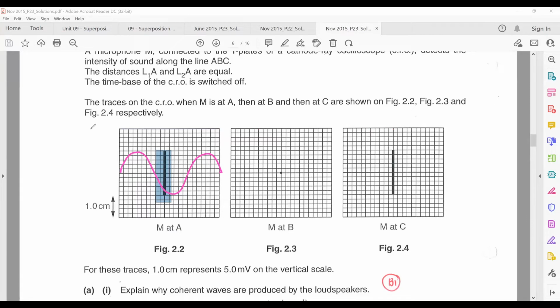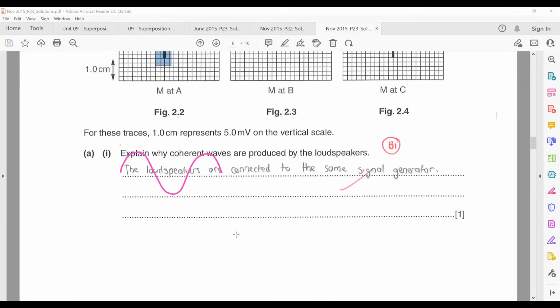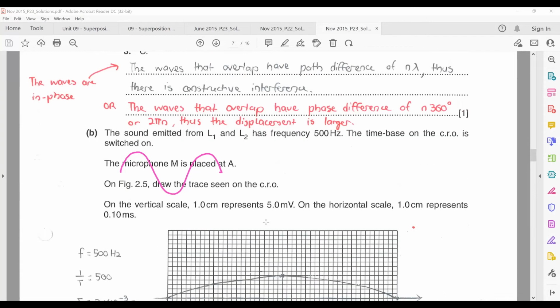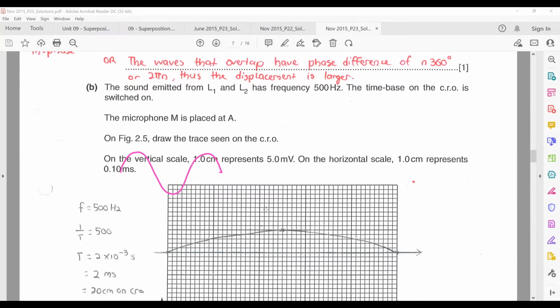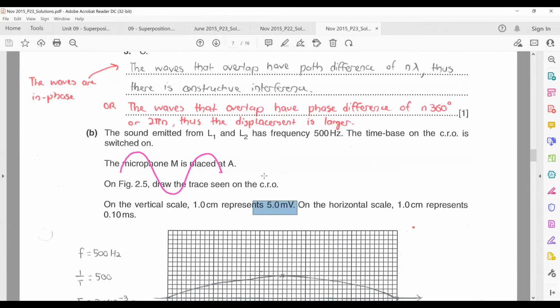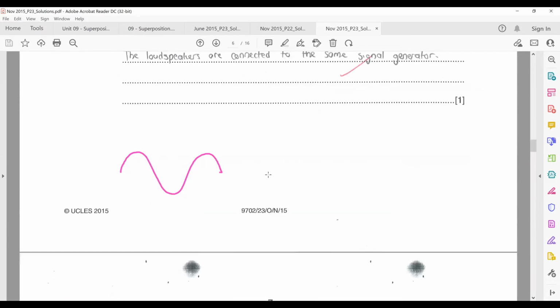So you are trying to draw this right now with time-based setting enabled. On this figure, draw the trace. 1 centimeter is 5 and 1 centimeter is 0.1 for the line gain and the time base respectively.